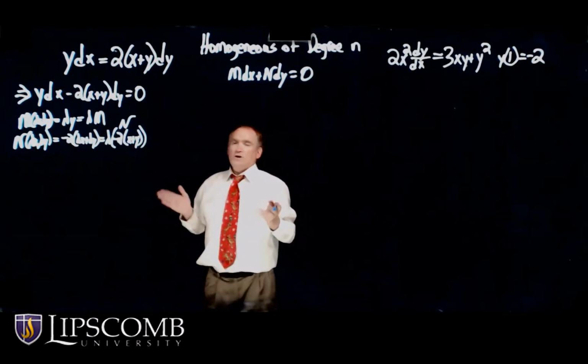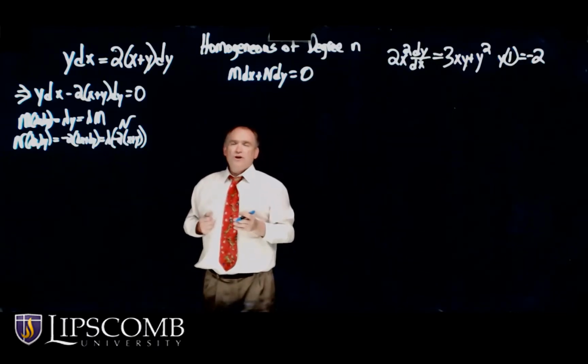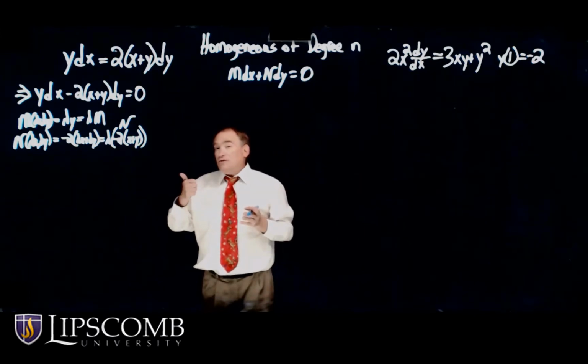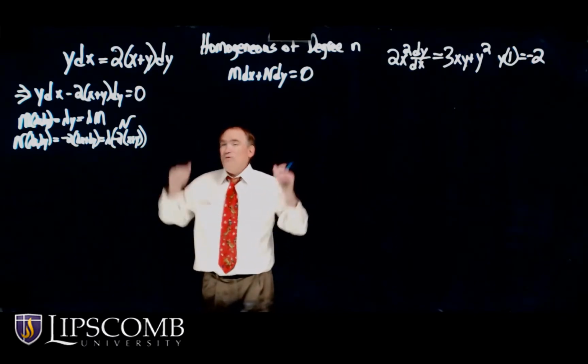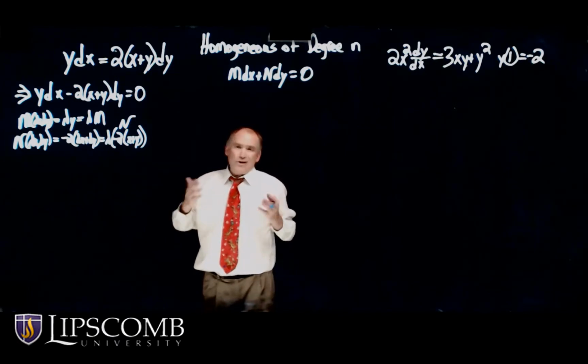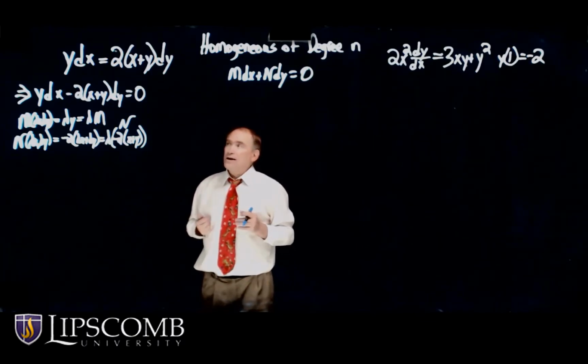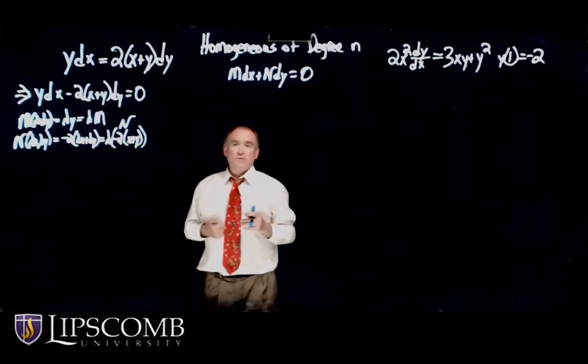So therefore, let's choose our substitution. Now, this is where I talked about in class: if M is quote unquote simpler or easier looking than N, then use x equal vy. Well, I've got y as opposed to negative 2 times x plus y.